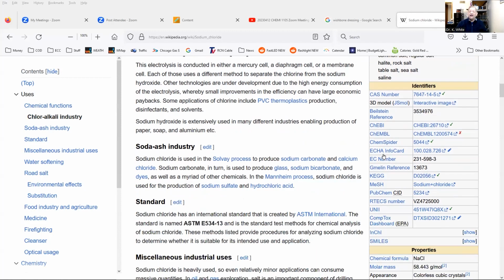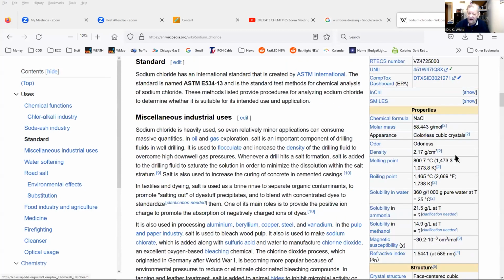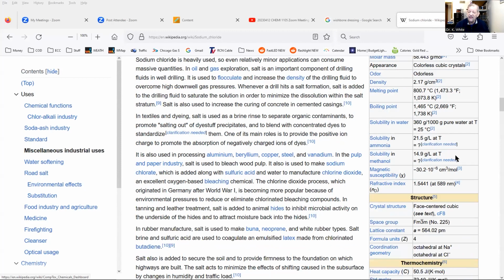If you scroll down, you see properties. And if you keep on looking, you'll see solubility in water. It's 360 grams in 1,000 grams of pure water at 25 degrees C. At different temperatures, the solubility is different.